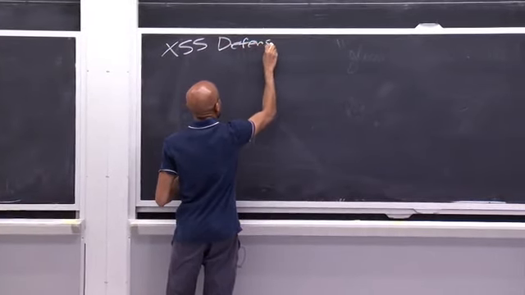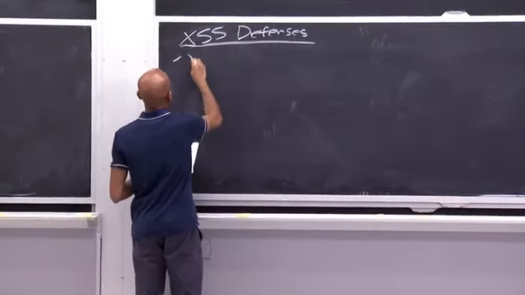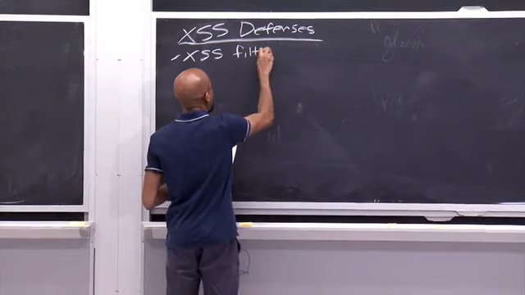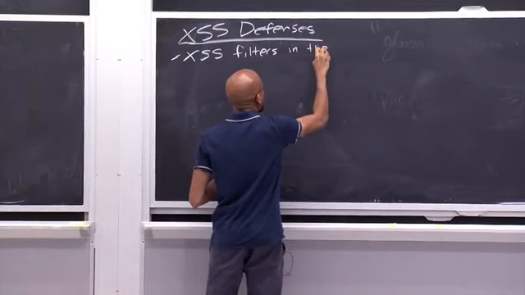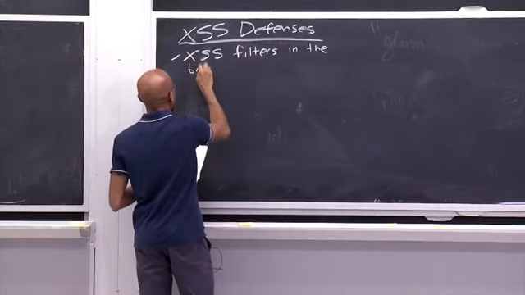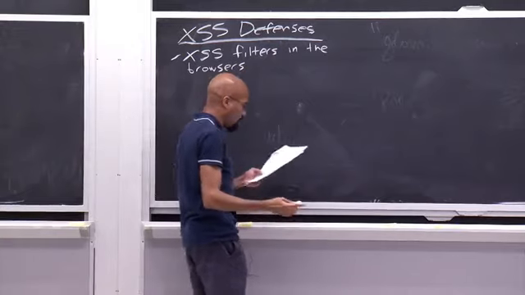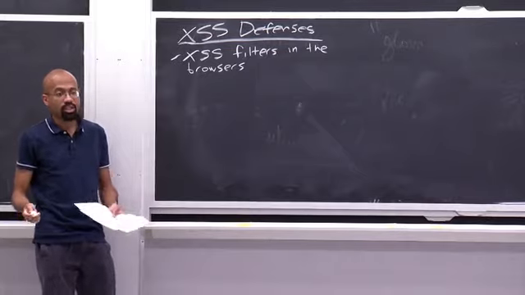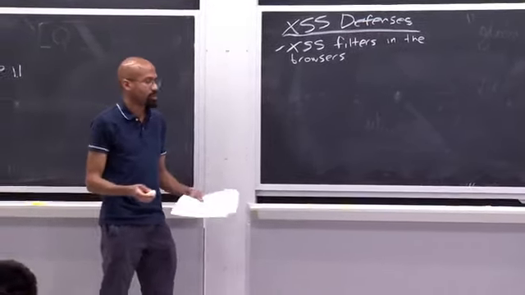So one type of defense is to basically have cross-site scripting filters in the browser itself, right? And so these filters will essentially try to detect when there's a potential cross-site scripting attack. And so we actually saw one of those filters in action, and I think that was the third example that we looked at.